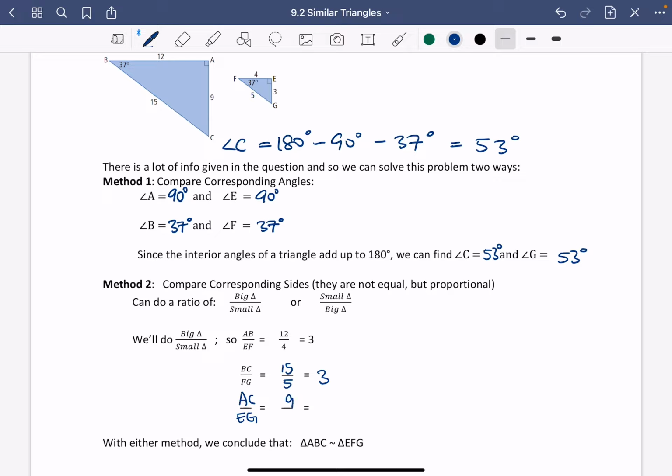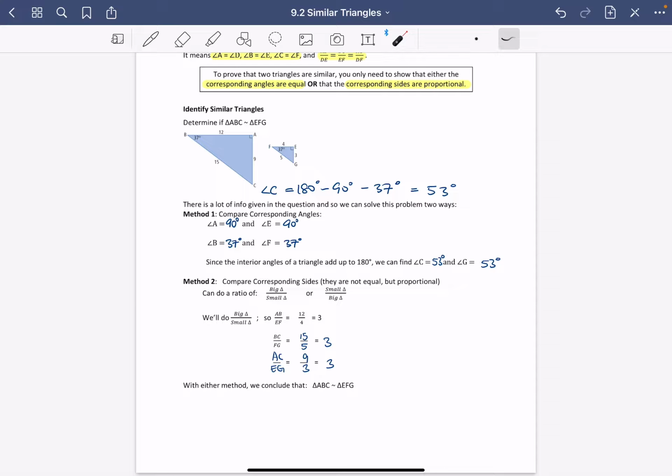AC is 9, EG is 3, 9 over 3 is 3. So you can see that the corresponding sides are proportional because the ratios between the corresponding sides are all equal to 3. So what can we conclude? We can conclude that these two triangles are similar to each other.